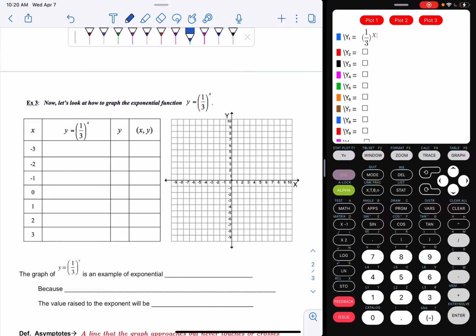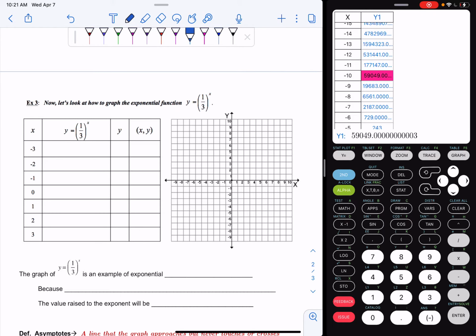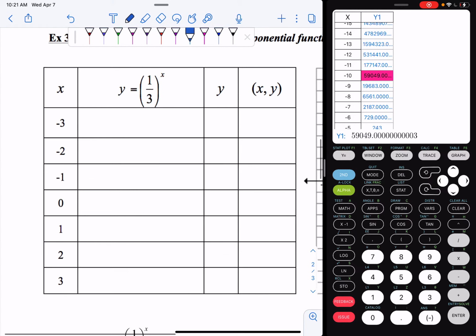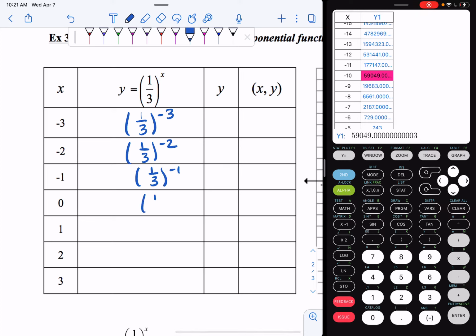Now I'm going to hit second graph and plug in -3, -2, -1, 0, 1, 2, 3. So I'm going to make that substitution right away: 1/3 to the -3, 1/3 to the -2, 1/3 to the -1, 1/3 to the 0, 1/3 to the first, 1/3 squared, and then 1/3 cubed.